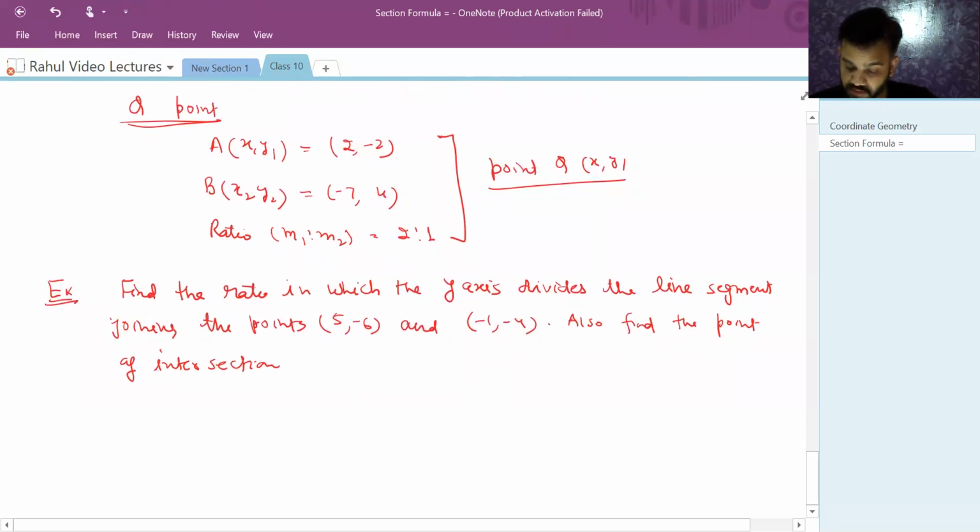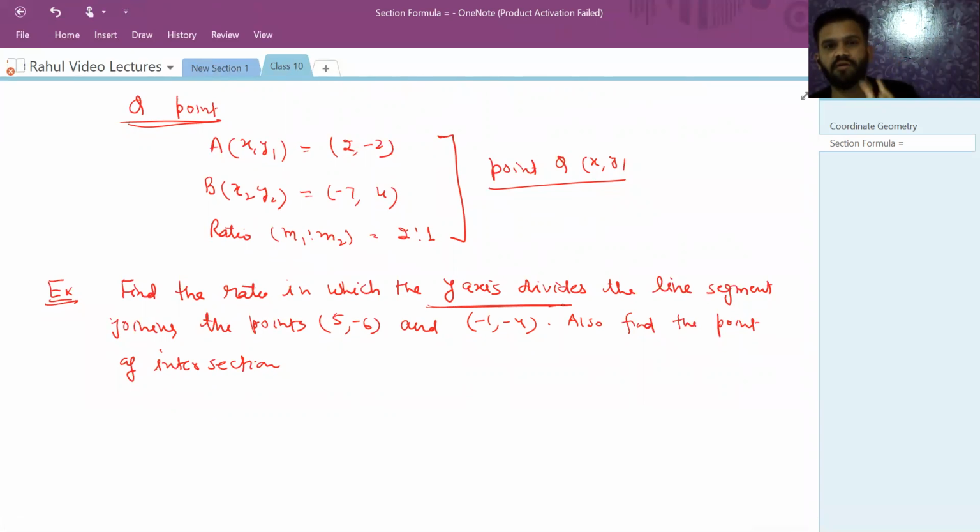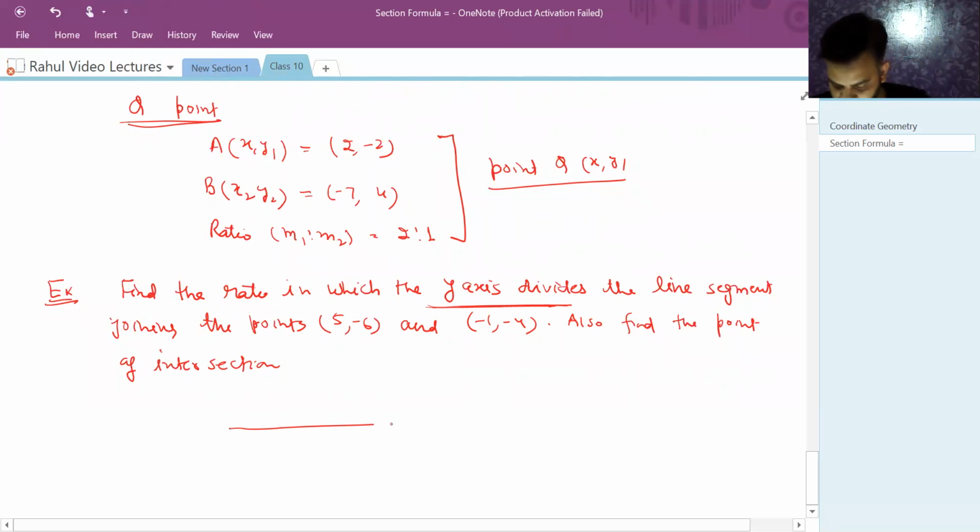Now understand here that if I have talked about the y axis, it means on the y axis what are the coordinates? On the y axis x will be 0. So suppose this is your line AB and y axis is this one.